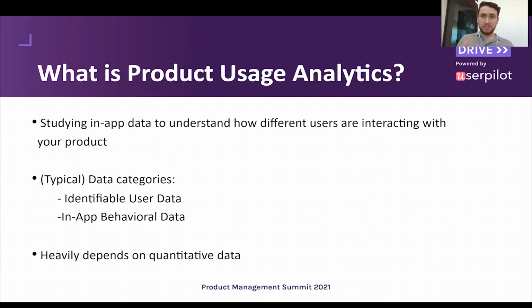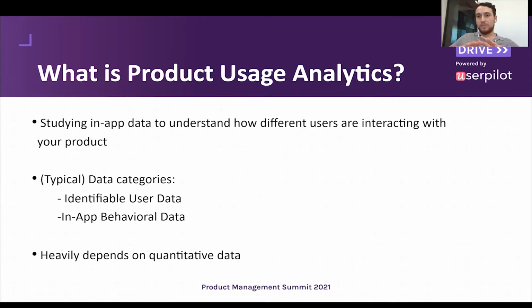And in particular, in this case, we look at two different types of data. One is who is the user? What are their attributes? Things like identifiable data, like their email, their name, when they signed up, when they were last seen, country, language, what their role is. Are they an admin or a normal user?